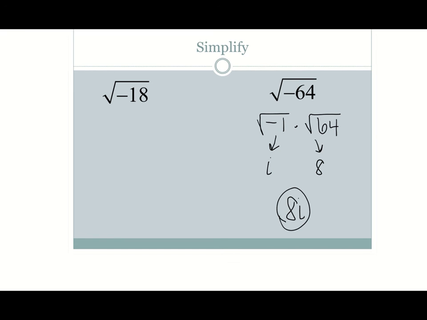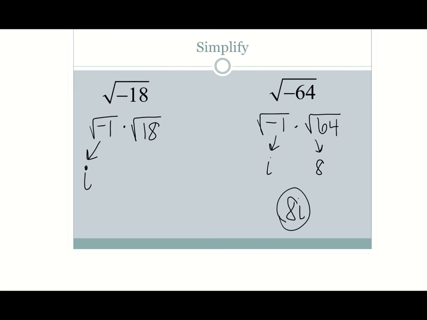So now if we go back and look at the square root of negative 18, we can split this up: the square root of negative 1 times the square root of 18. We know that the square root of negative 1 is going to be i, and the square root of 18 we can break down.